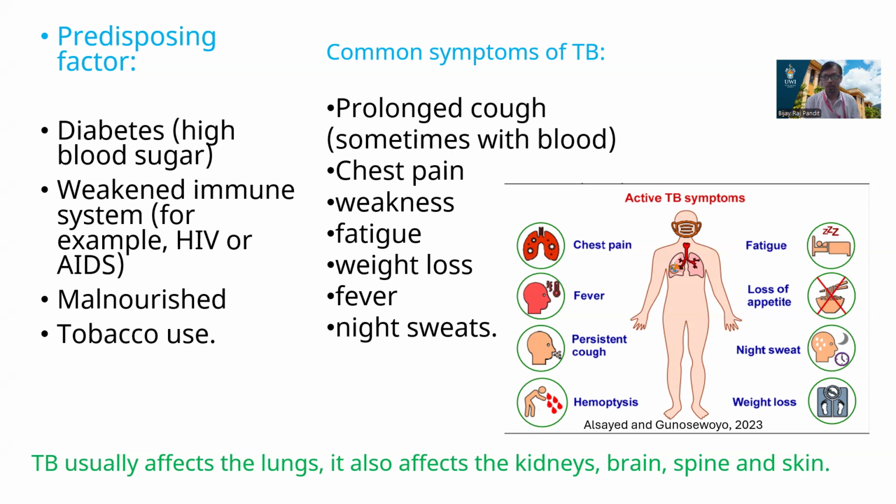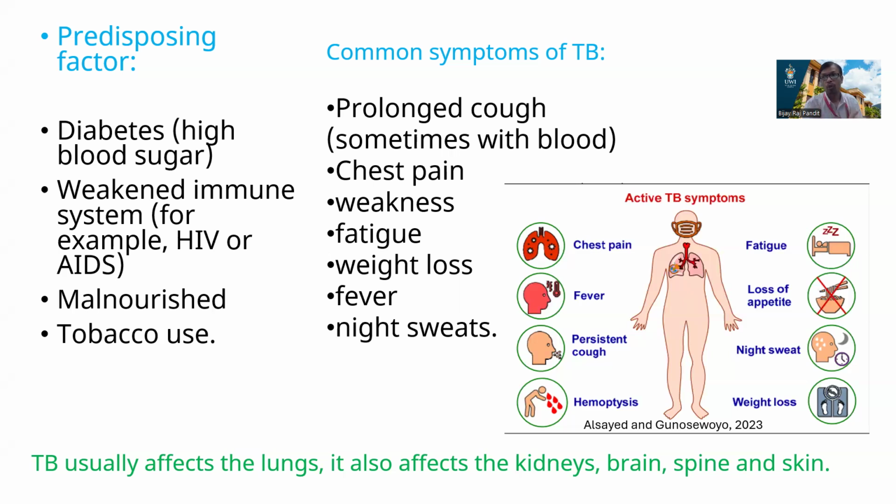What are the common symptoms shown by infected individuals suffering from tuberculosis? The person has a prolonged cough, sometimes with blood, which is known as hemoptysis. Hemoptysis occurs when the granuloma disintegrates along with the different cells and the Mycobacterium tuberculosis, and there is fibrosis.